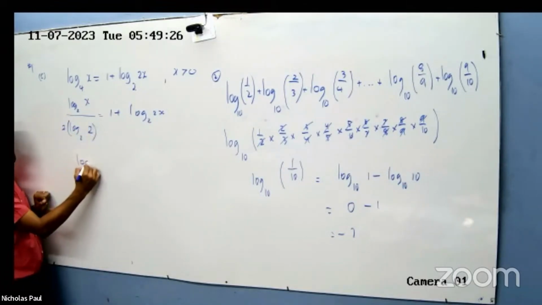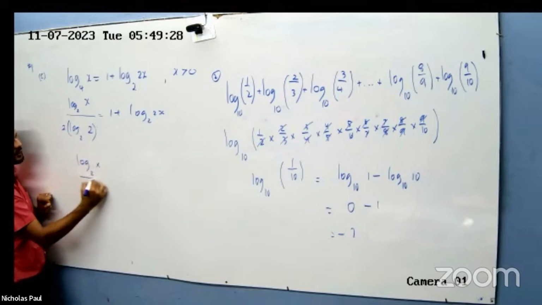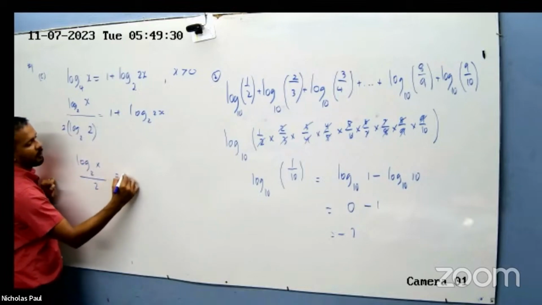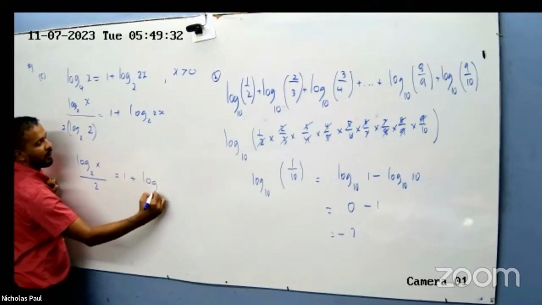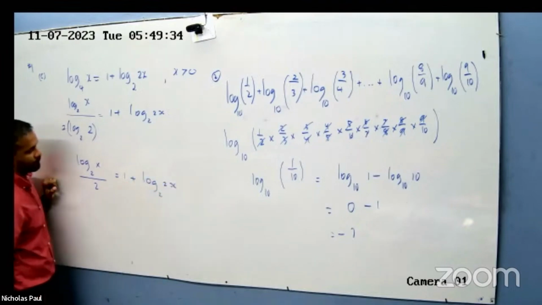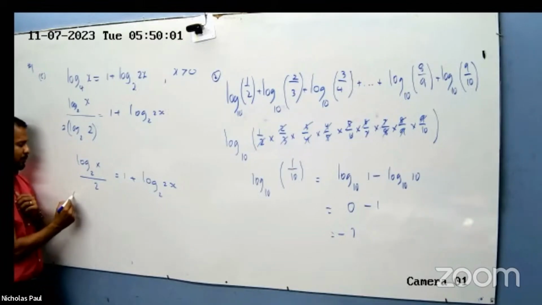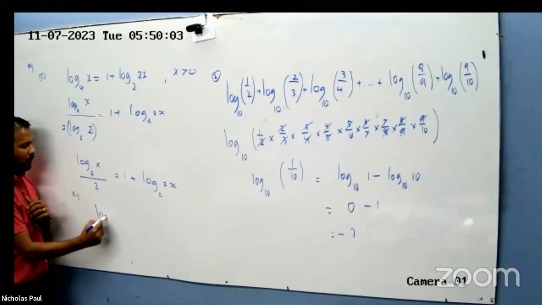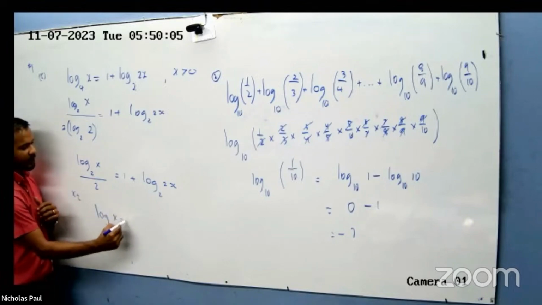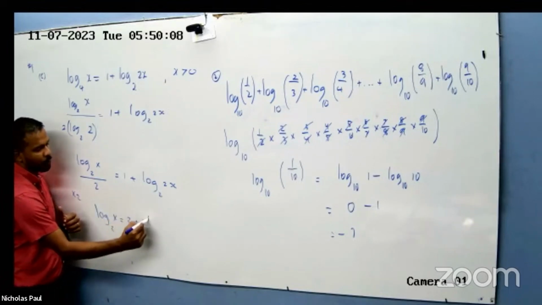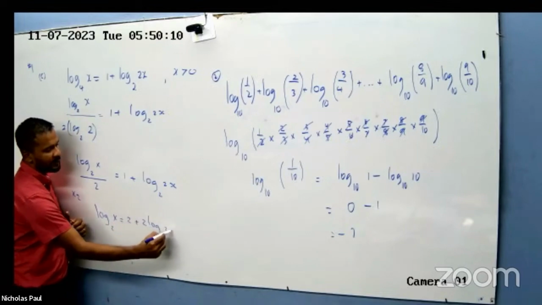So we're getting log to the base 2 of x all over 2 is equal to 1 plus log 2 to the 2x. So I will get rid of fraction. Multiply everything by 2. So multiply everything by 2. We'll get log to the base 2 of x is equal to 2 plus 2 log to the base 2 of 2x.